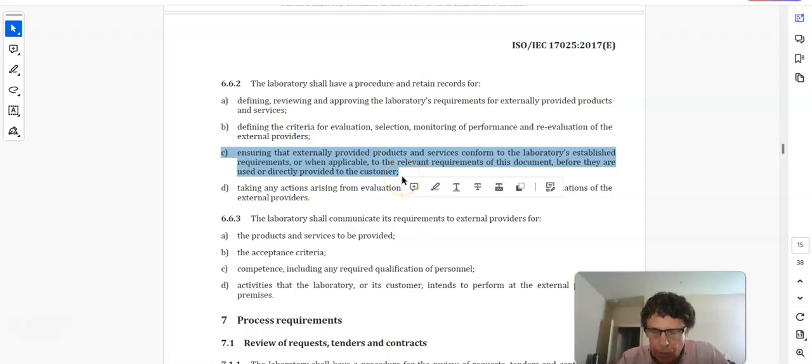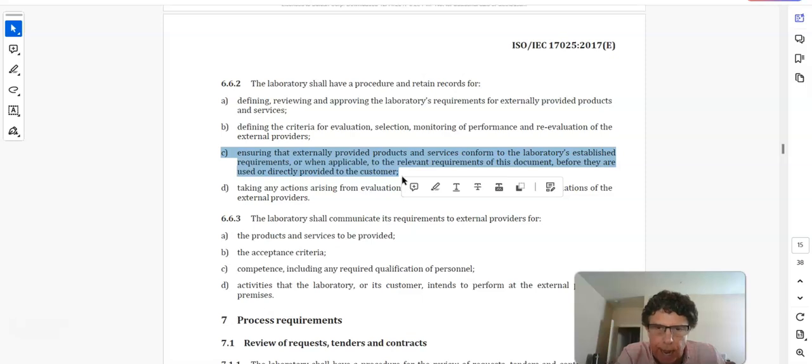Same is true with the calibration provider. You hired Mettler to calibrate your balance, and they gave you a certificate, and then you call them up later when you're being audited, and you say, give me the right certificate. You gave me the wrong one. Mettler could go, yeah, but I can't do that because when we came out and calibrated your balance, we didn't use the type of equipment that is required for an ISO 17025 calibration. So we can't give you a calibration certificate that says ISO 17025 on it because you didn't ask us for that.